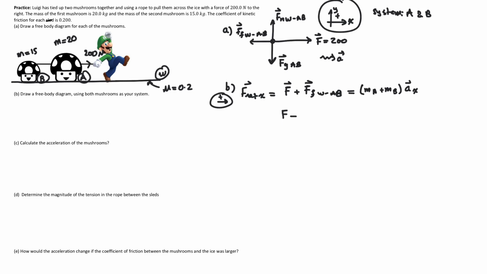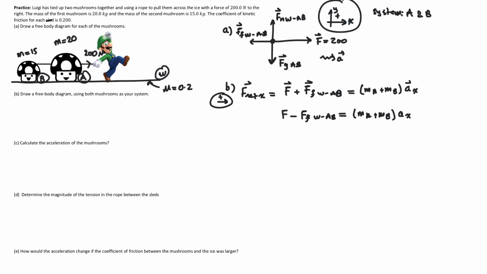I don't have the force of friction value, so I'm just going to write it as force of friction from W to AB, and that's going to equal the sum of the two masses. In this case, I'll just write it as MA plus MB times AX.